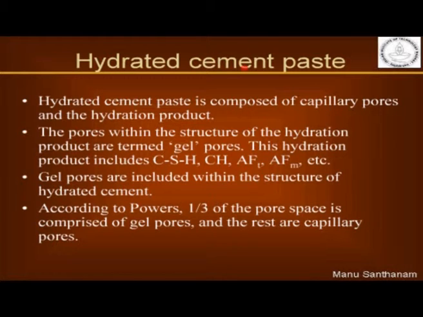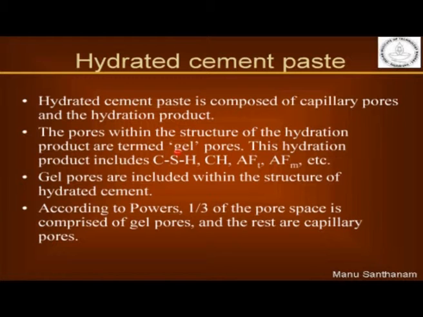Okay, now apart from capillary porosity, the solid hydration product itself, like CSH, which we called earlier a gel, also has some porosity within its structure, and that is called gel pores. Okay, you have capillary pores and then you have gel pores. Gel pores are within the structure of your CSH itself.